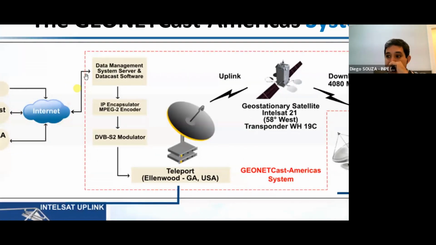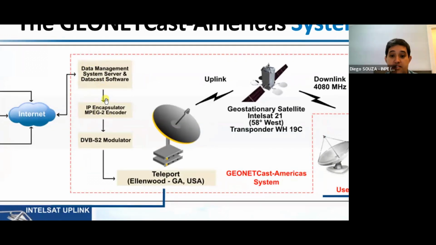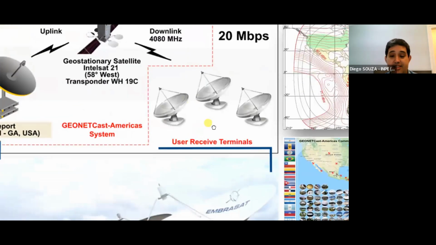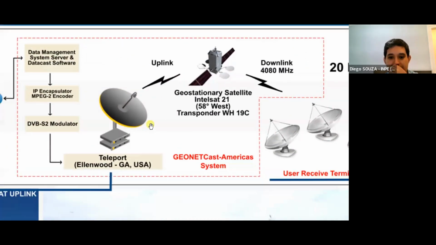These files are received in the uplink system, which is in Georgia in the US. They have a data management system server and datacast software, which is the FAST datacast server, and that is why users need the FAST client. This data is encapsulated by the FAST server and modulated using DVB-S2 technology.